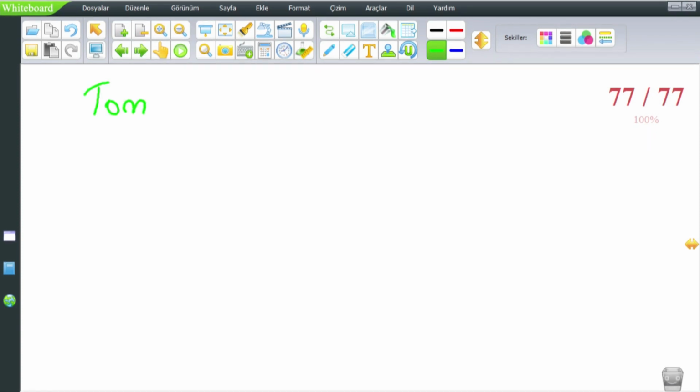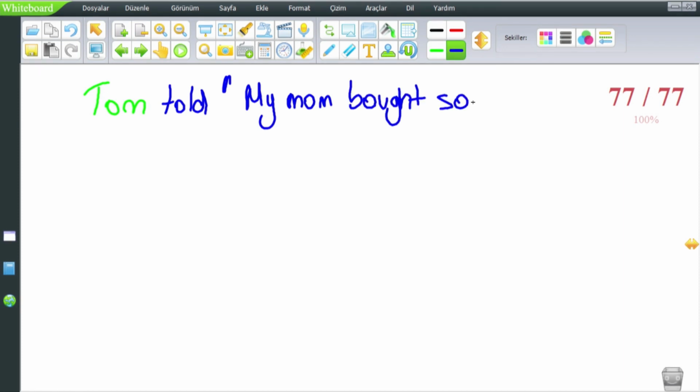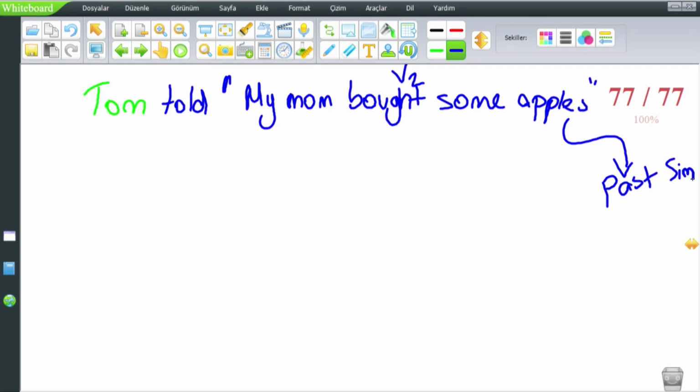Tom told my mom bought some apples. The tense of this sentence is past simple because there is verb two, and I can understand that this is past simple. Tom told that.